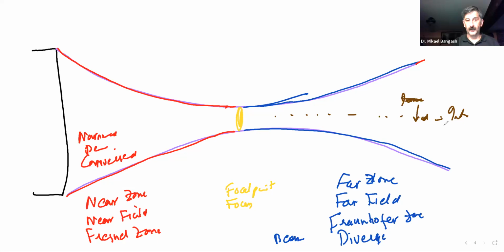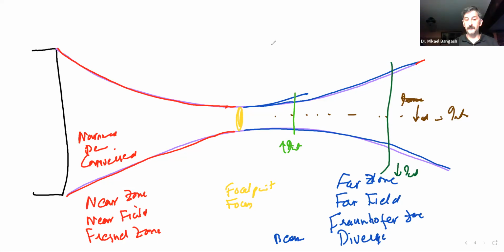So if you compare the intensity of here versus here, in the far zone, this area here has a greater intensity, and this area over here will have a lesser intensity.